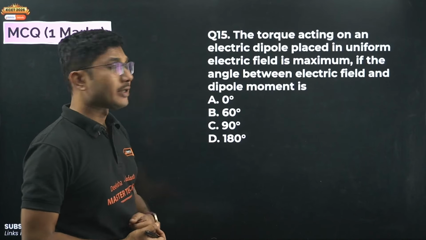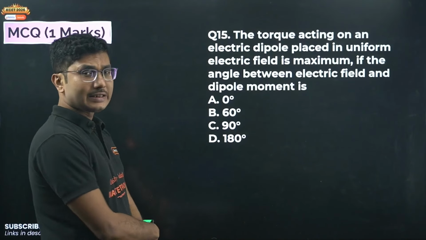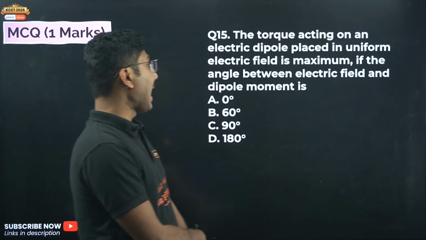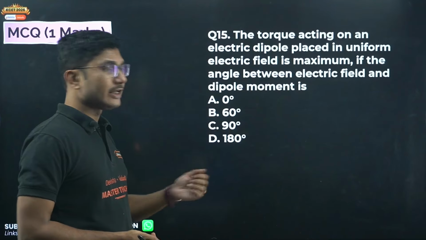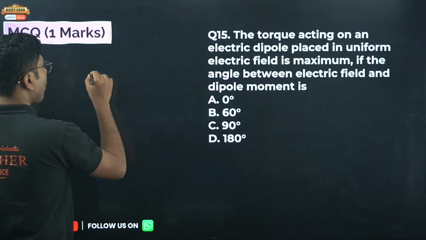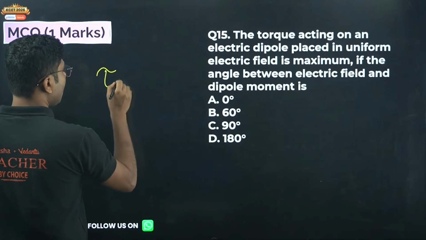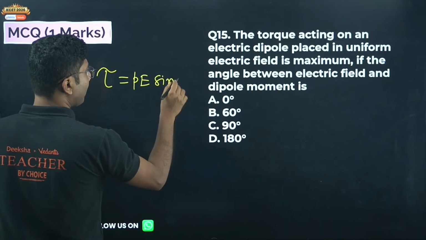Now let's see question number 15. The torque acting on an electric dipole placed in a uniform electric field is maximum if the angle between the electric field and the dipole moment is 0, 60, 90 or 180. So now we know that the torque acting on an electric dipole is given by tau equals p E sine theta.